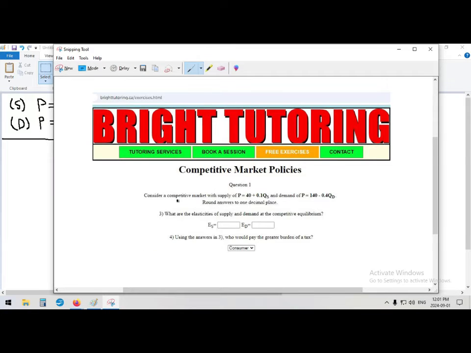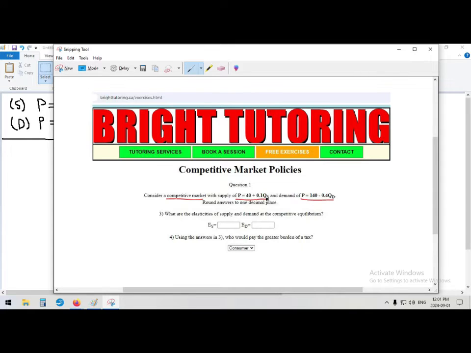So here's the question. Consider a competitive market with a supply curve of market price equals 40 plus 0.1 times quantity supplied, and a demand curve of market price P equals 140 minus 0.4 times quantity demanded.